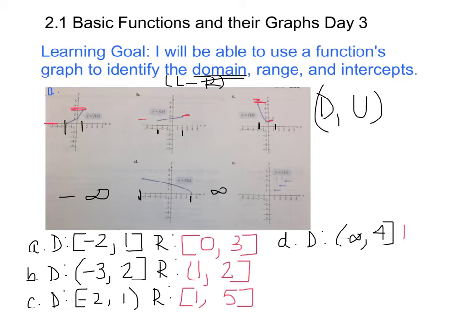And then my range, remember, is the lowest, which is 0. And my highest, again, has that arrow. So that's infinity. So 0 to infinity.